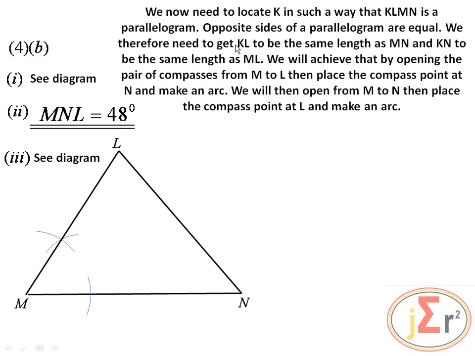We need to get KL. We imagine that it's going to be somewhere out here. So KL will be the same length as MN. So we need KL to be the same length as MN.